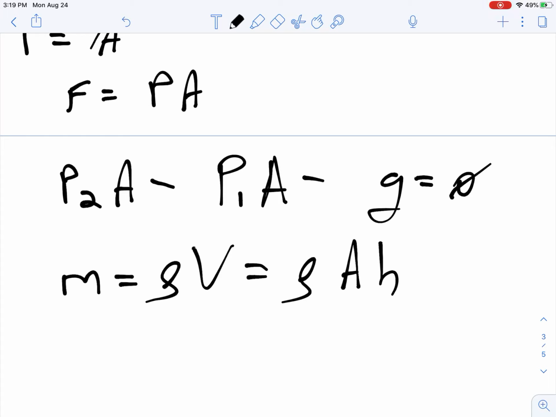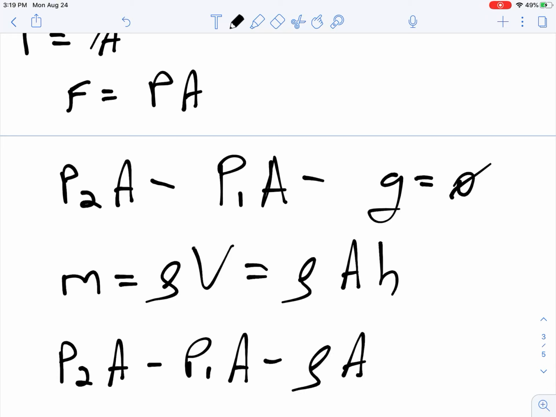Agreed? So P2 A minus P1 A minus rho A h, and we've got to remember our g. Remember, force, gravity.